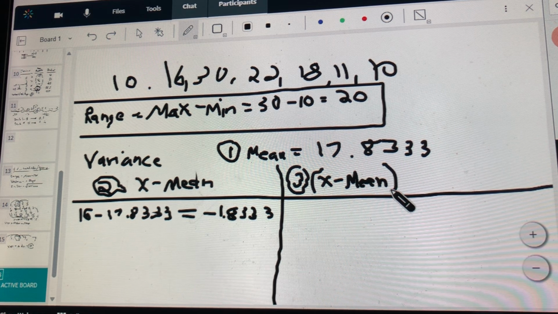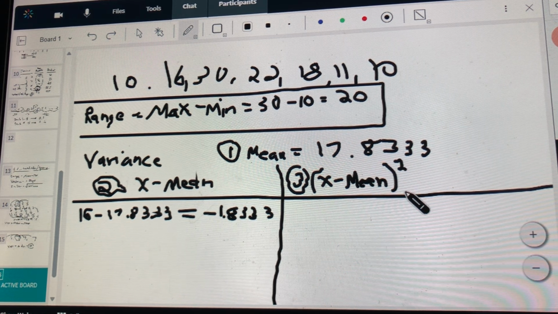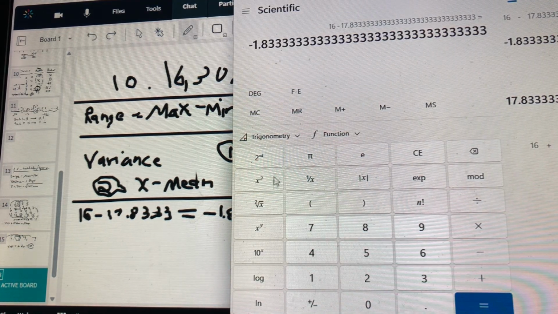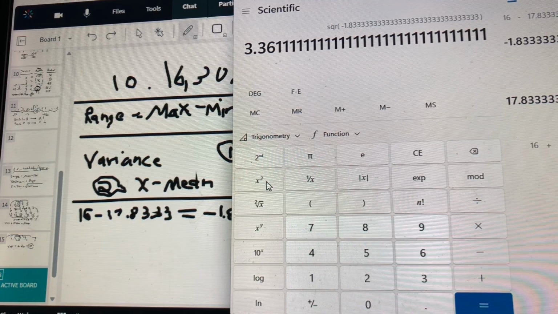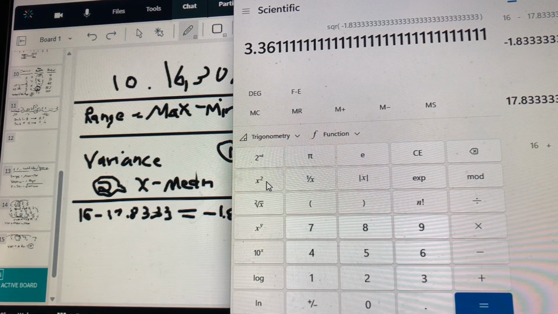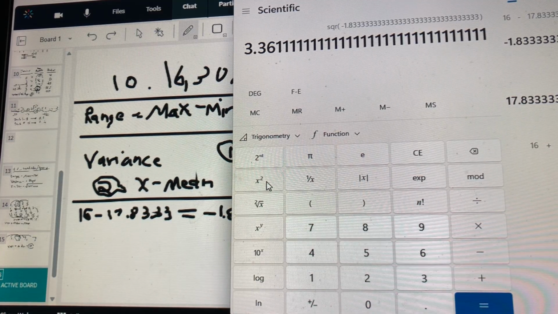So I'm going to take step 2 and square all the answers. And it's really nice while this answer is still on my calculator screen, I have a squared button right here. If I hit squared, I don't have to retype negative 1.833333 and then hit squared. If you do all the subtractions first and then do step 3 second, then you've got to retype them and square and hope that you have enough decimal places that it won't be a rounding issue.